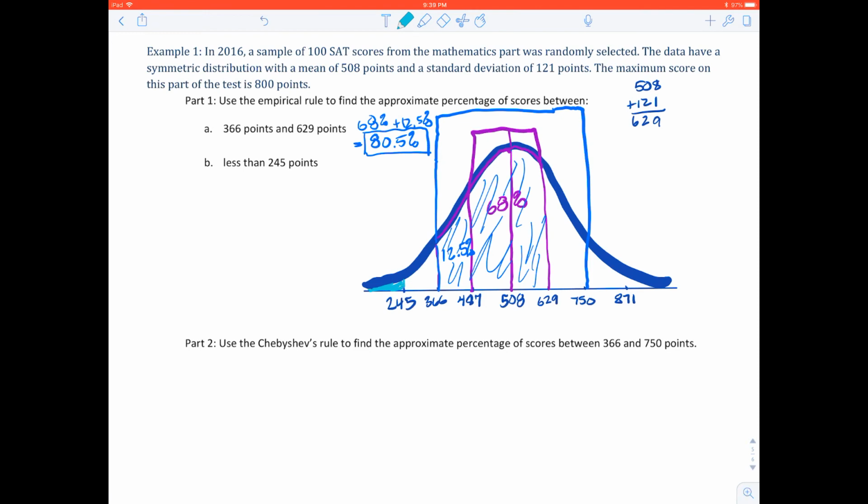If you look back, that represented 0.15% of the values. So 15/100ths of a percent of the scores are less than 245 points.